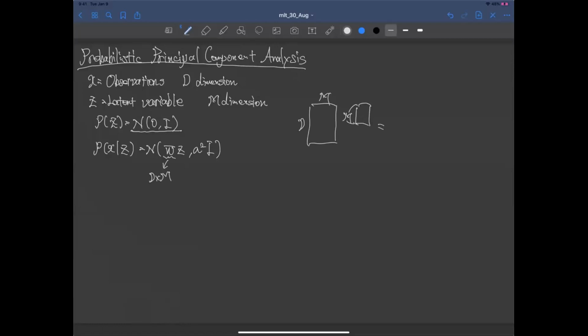Then we obtain a D-dimension vector as the mean of the distribution of X given Z. That's how it works.